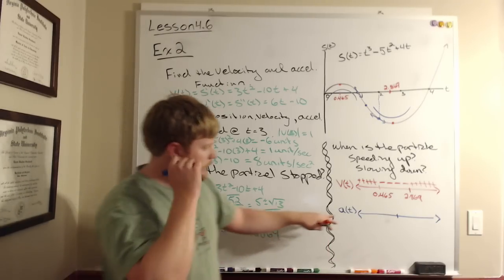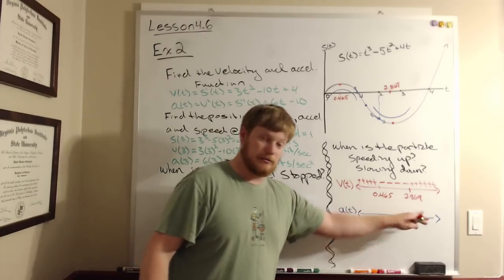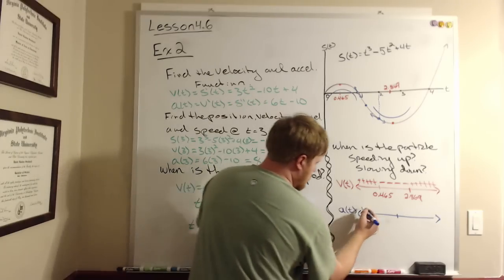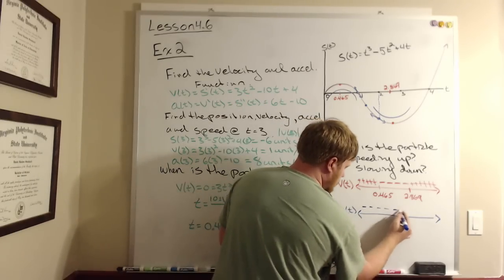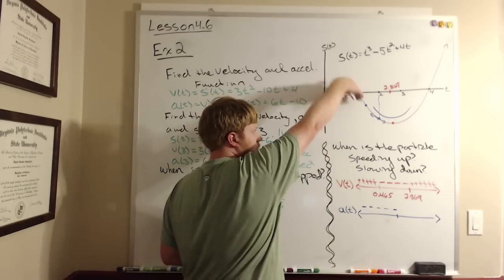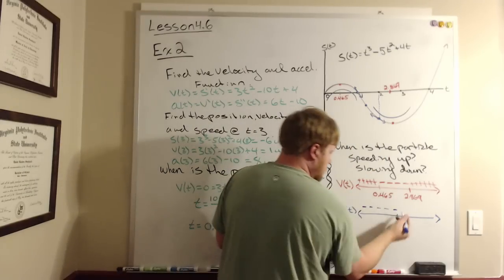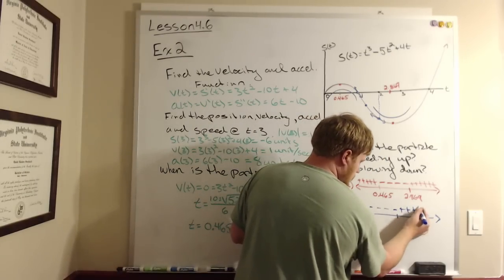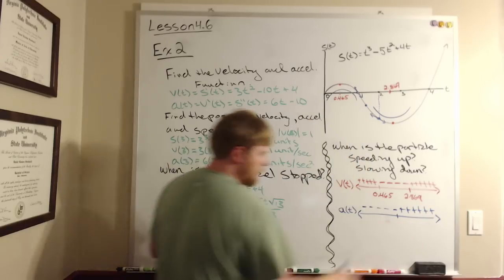And that's where my acceleration changes from being negative to positive. So I know that my concavity is negative here, and then it's positive. So I know at least that, but I've got to figure out that point.